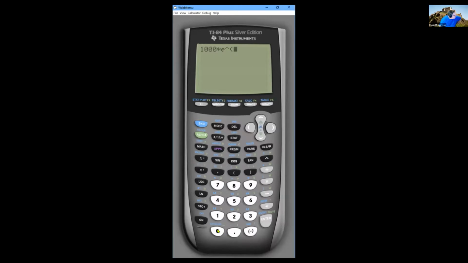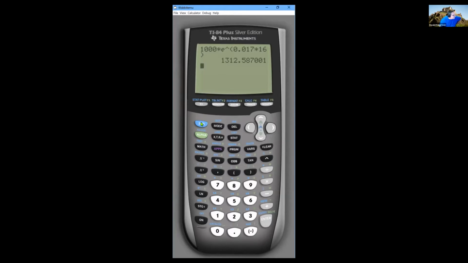You can then type in 0.017 times 16 years and close the brackets. And that answer comes out to be, just finish off writing down what it is. That answer ends up being $1,312.59. So slightly different again.